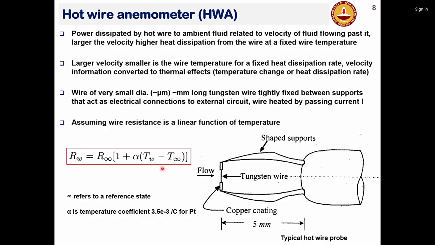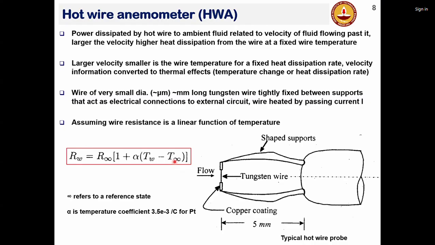This is something we know from when we talked about RTDs, that resistance of metals is a function of temperature. So you can expect that the resistance of the wire at a particular temperature TW is RW, which is R infinity into 1 plus alpha, which is the temperature coefficient, into TW minus T infinity.